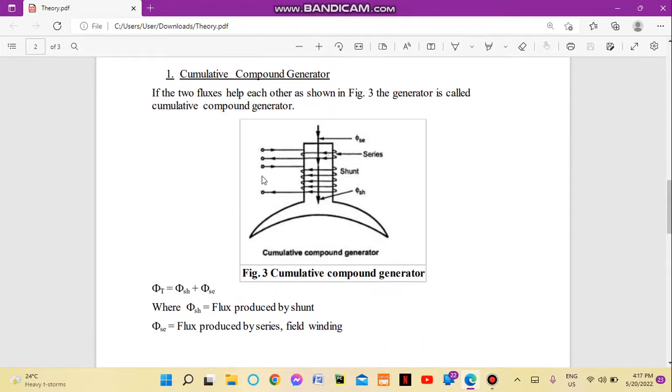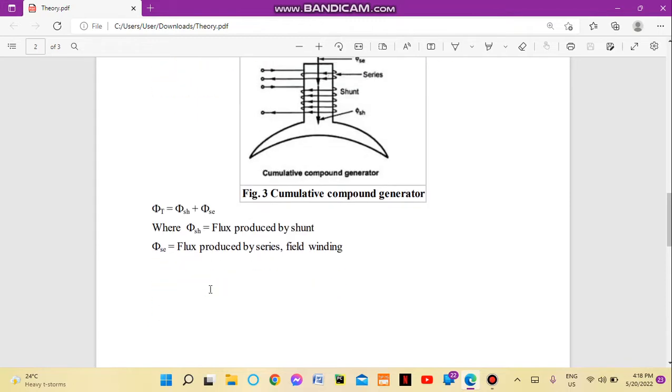In a cumulative compound generator, the series winding helps the shunt winding to establish flux. If you look at the direction of current in both series and shunt, they are in the same direction. Due to this, the flux produced in the generator would be additive in nature. That means the total flux will be the flux produced by the shunt field and the series field.